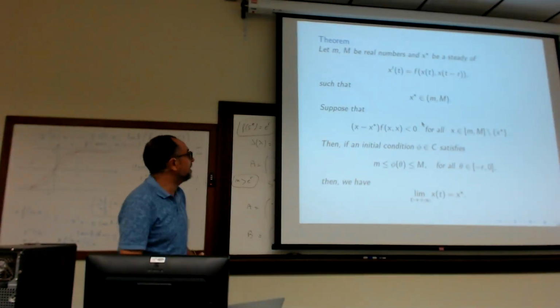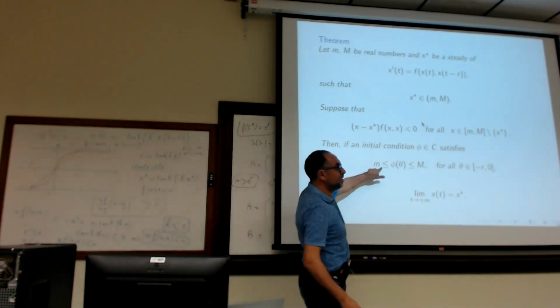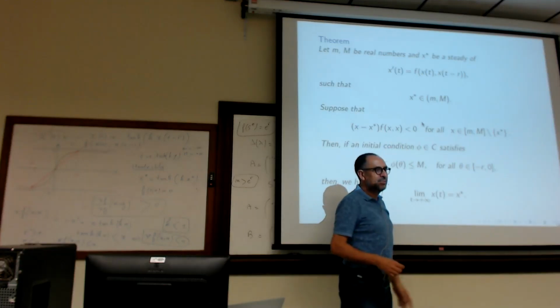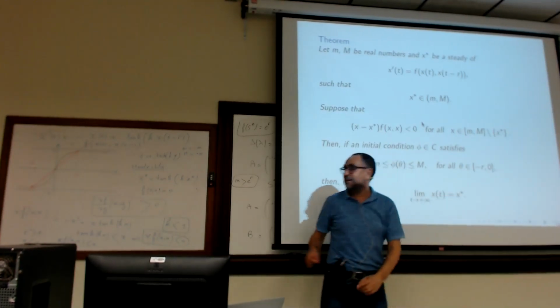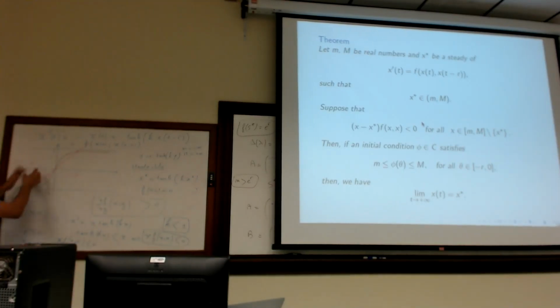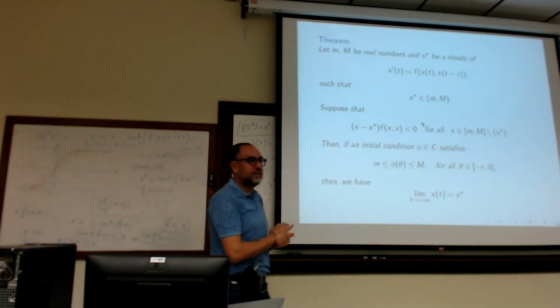Then the result is if the initial condition is bigger than 0, then small number 0, and it will be attracted by this steady state. And we can do the opposite. If we are here, we will be attracted by this steady state.